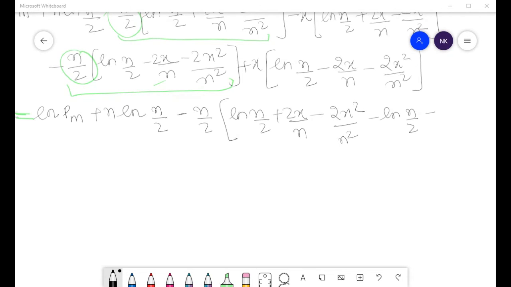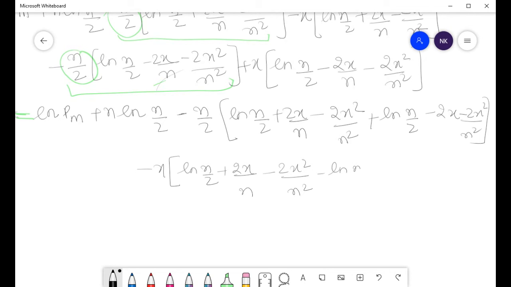Okay, so I am getting log n, 2x by n, getting this particular term 2x plus log n by 2 minus 2x square upon n square, then minus x log n by 2 plus 2x by n minus 2x square by n square minus log of n आएगा.